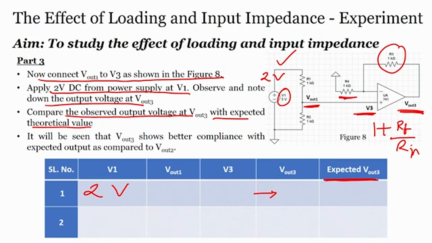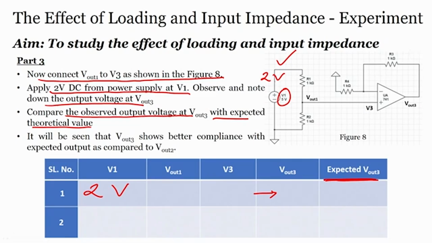So 1 plus 1 by 1 is 1 plus 1, which equals 2. So my gain is 2. It is very easy to understand the gain of the non inverting amplifier.